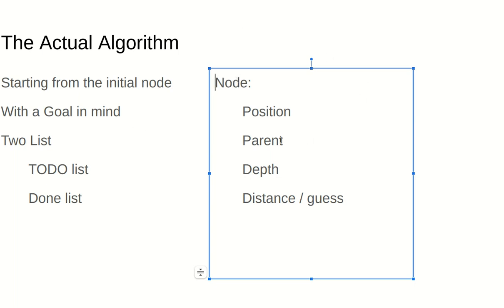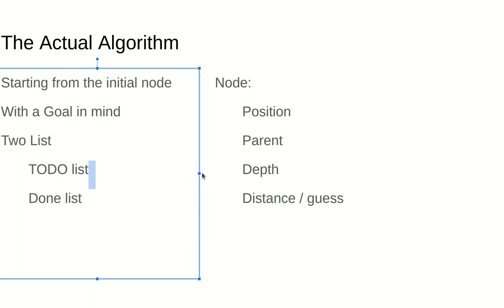Each one of these is going to be put in these lists. So starting with the initial node, we'll add our start position to the list, and then we're going to, in a loop, ask these questions.